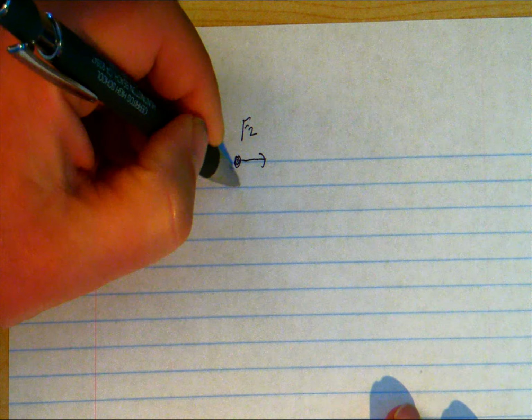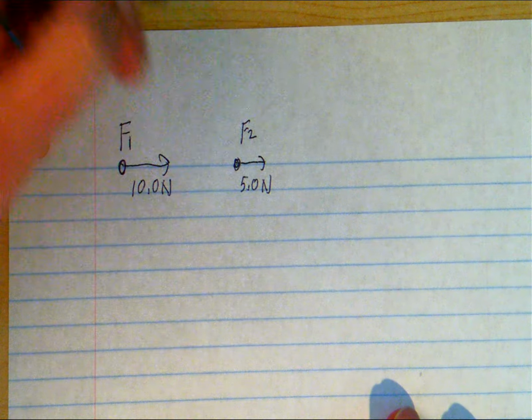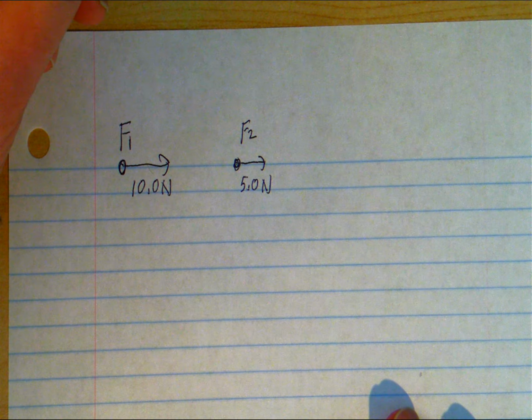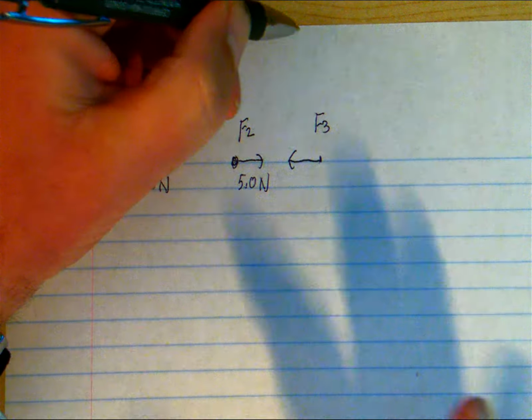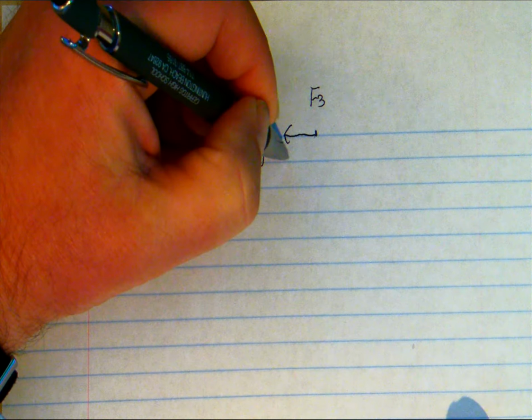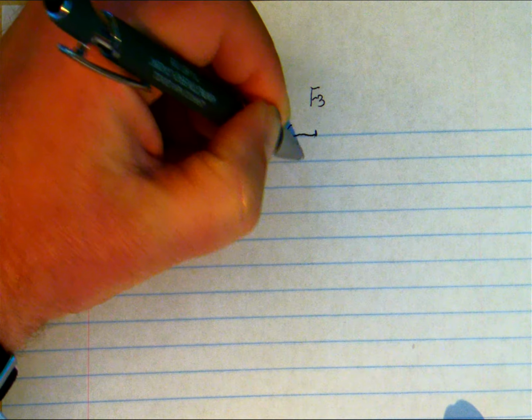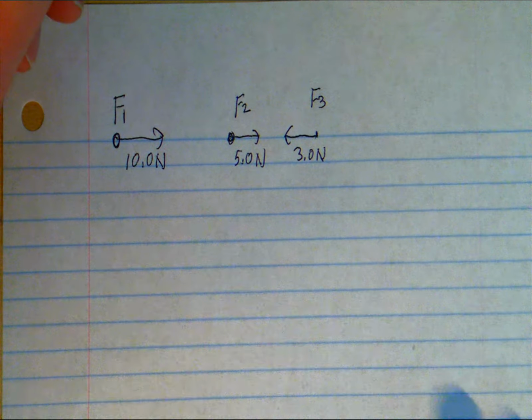And over here, I have a force F2, and it's pushing to the right with 5 newtons of force. And over here, I have a force F3, and it's pushing to the left with, I don't know, 3 newtons of force.